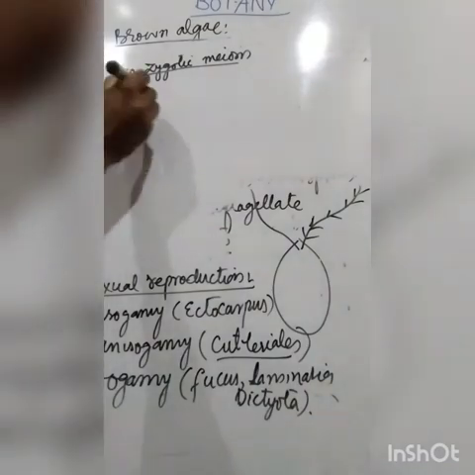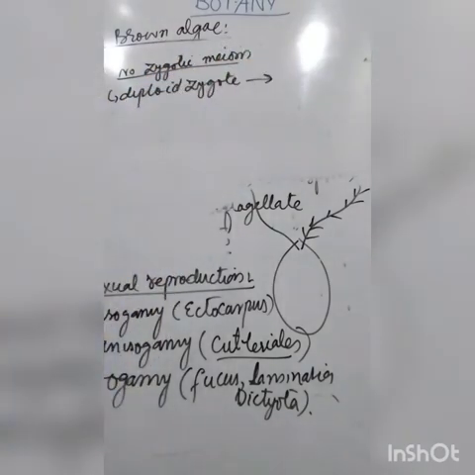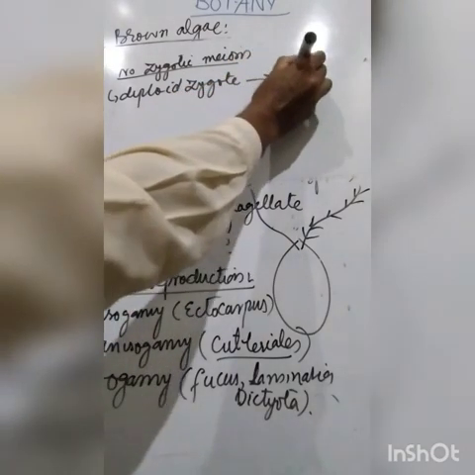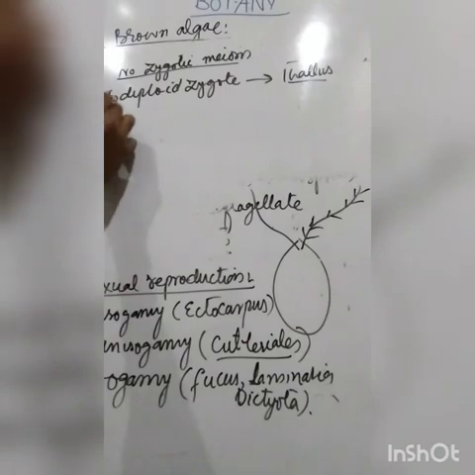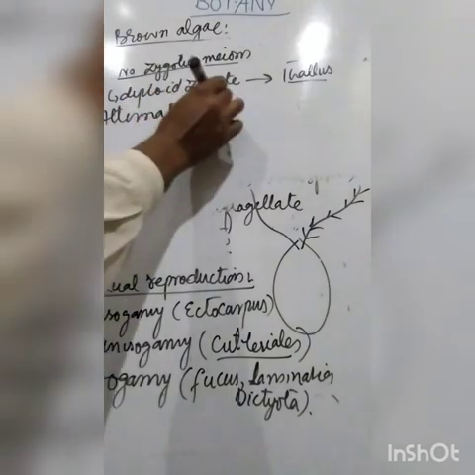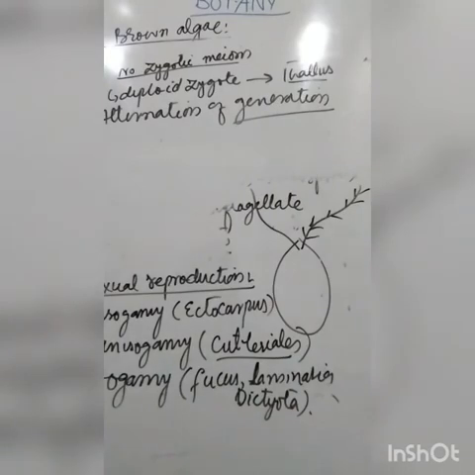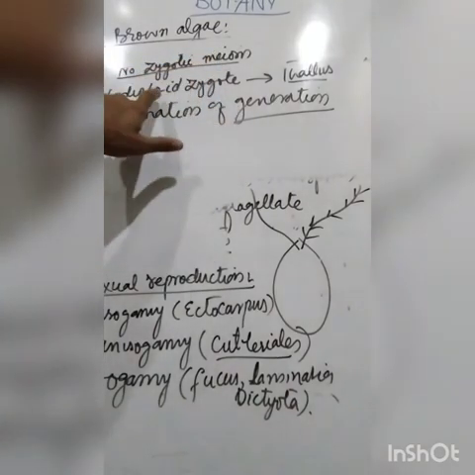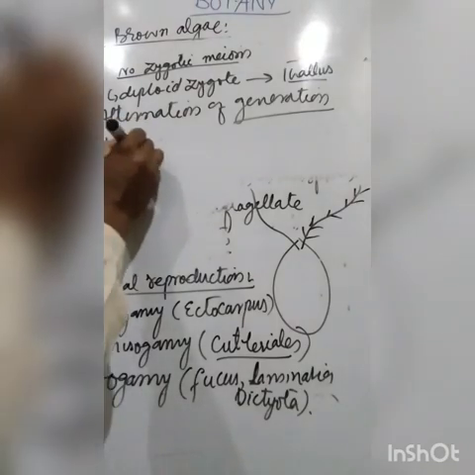The diploid zygote develops into a diploid thallus. So there is alternation of generation. First there is the haploid generation, after that when the zygote is formed, it may not undergo meiosis, it forms a diploid zygote that develops into another thallus, and that thallus shows the diploid phase of the life cycle. So there is alternation of generation of haploid and diploid phases, and both the generations may be similar, that is isomorphic.